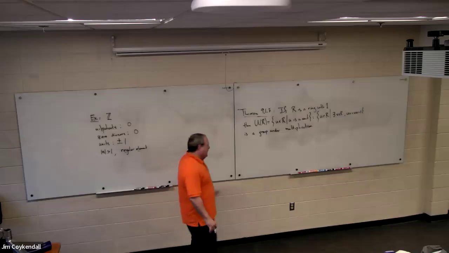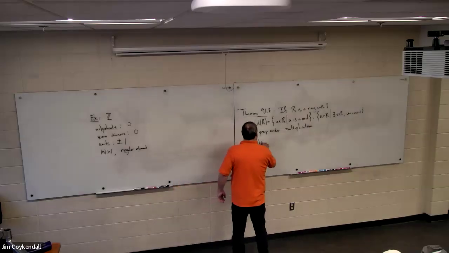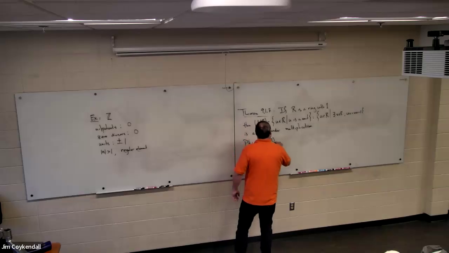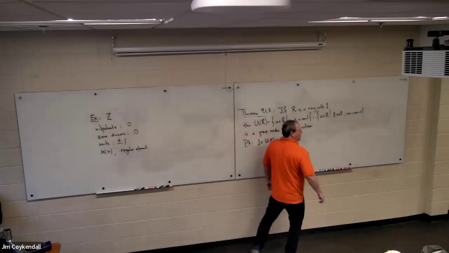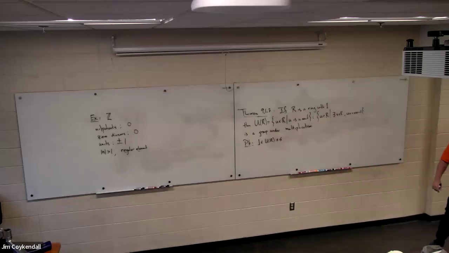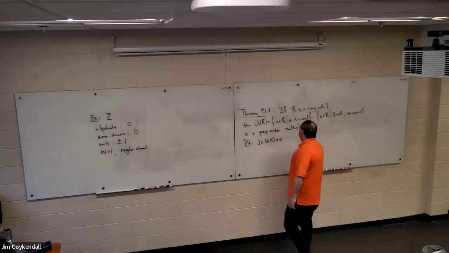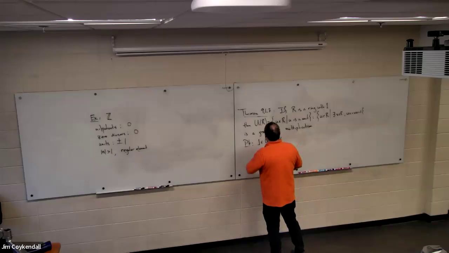Okay, I'm gonna prove this real quickly, because why the heck not? Prove: notice that one is a unit because its inverse is itself. So this is not empty. Well, it's not separate.